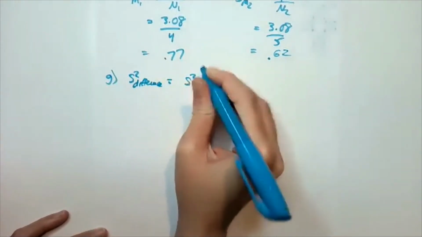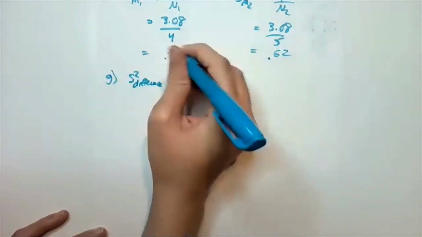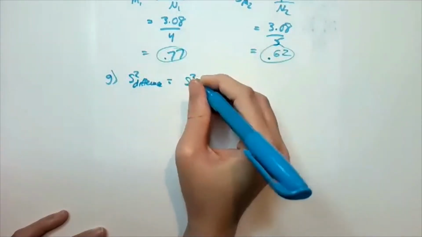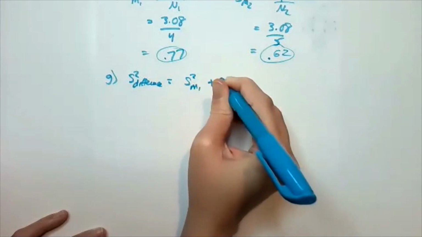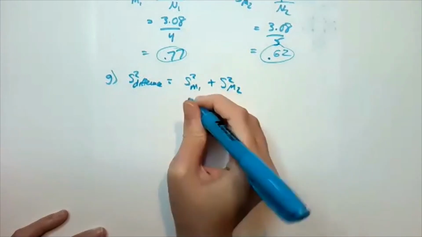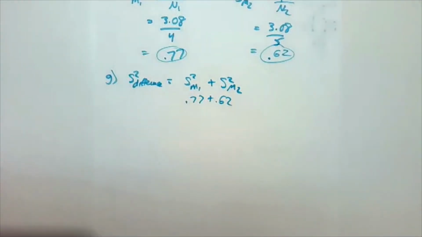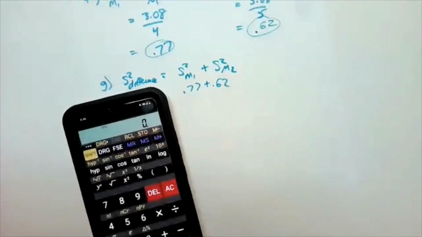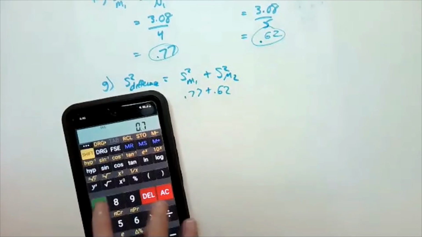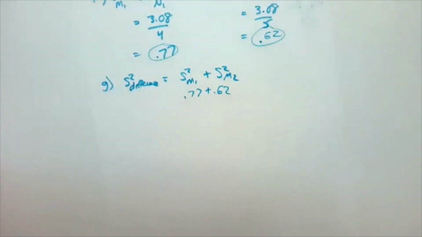And for this, we're going to add together these two numbers that we just calculated in this last step. And so if I have 0.77 plus 0.62, it's going to give me 1.39.